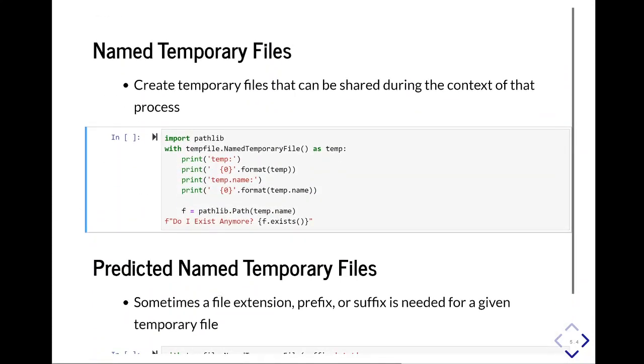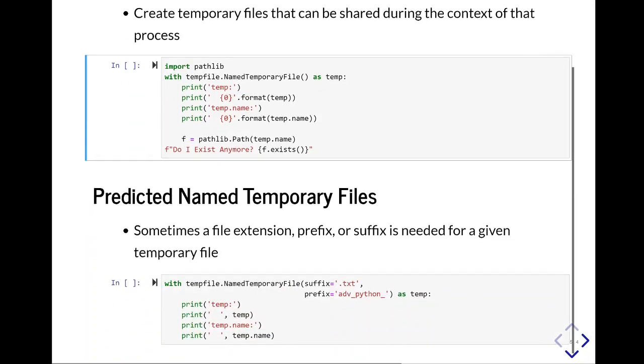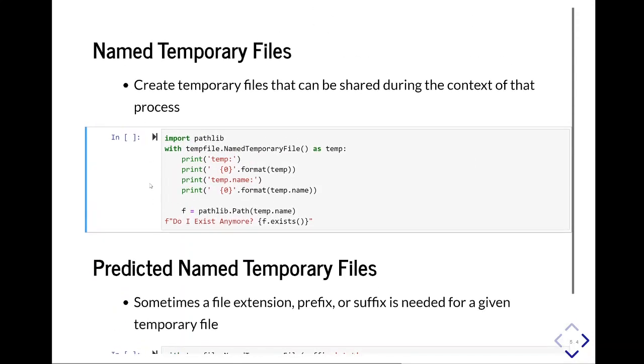Now, sometimes you need to create files where, notice before, we didn't have any say over how our temporary files were named. But there are times where we need certain extensions, and we need these files to be named a certain way. So we can do what's called a NamedTemporaryFile.